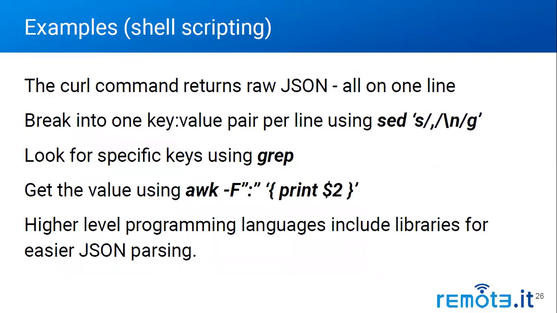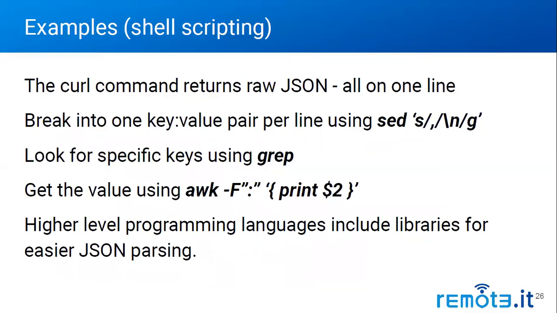So I'm going to show you some examples using shell scripting, and these just show you the most simple way of using the APIs in a shell script. If you're not familiar with JSON, it's not designed to be read by human beings, even though it is text. It's a bunch of formatted key value pairs that are all jammed together on one line.